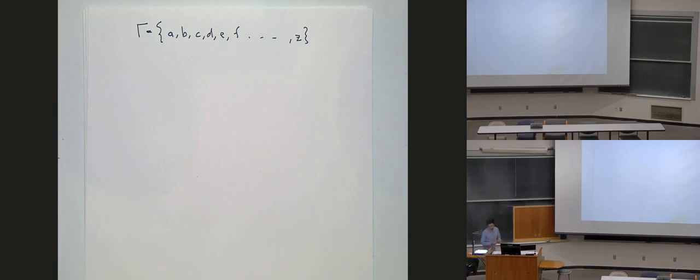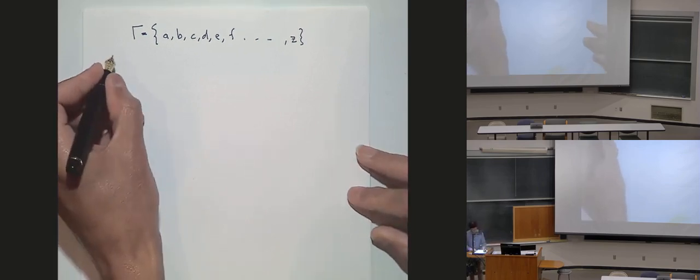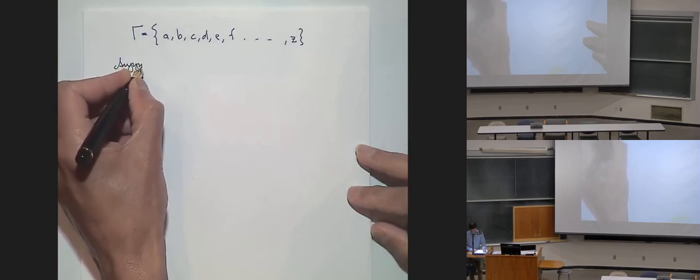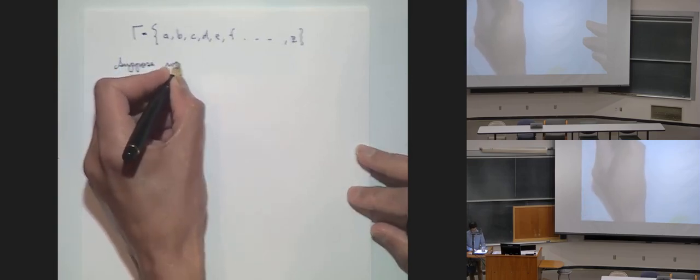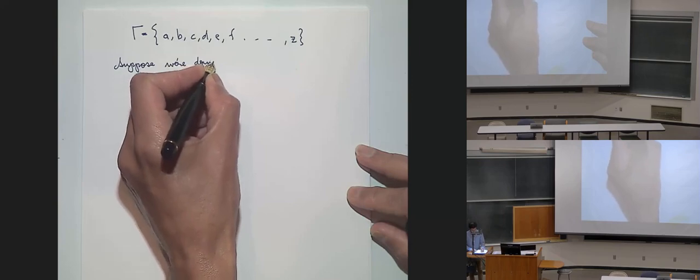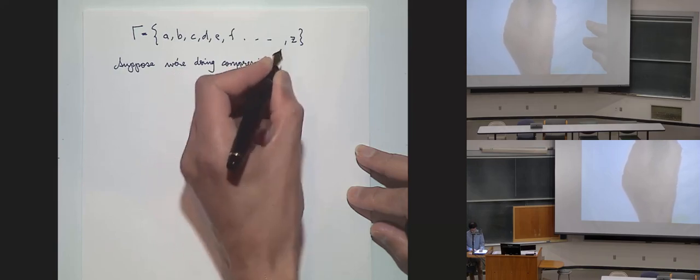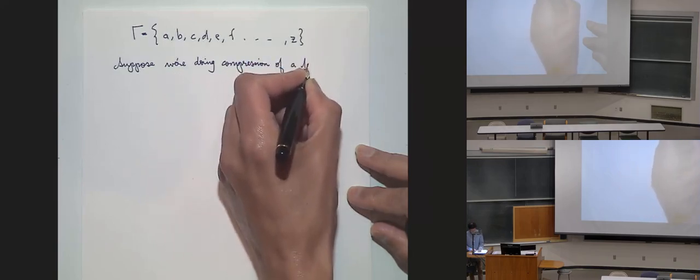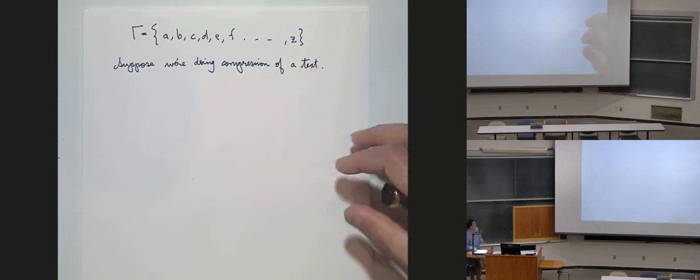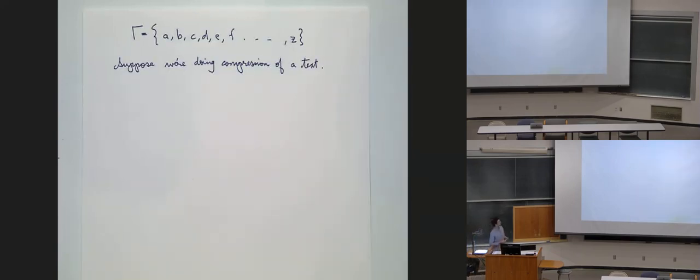So imagine, as an example, suppose we're doing compression of a text. Now we'll see such examples with things like Huffman coding.